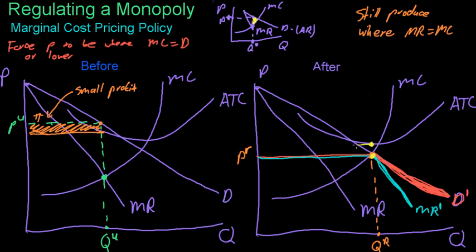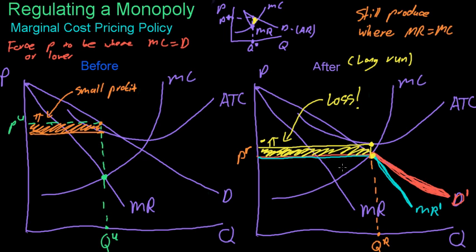So this rectangle is a loss. And let's say that this is all in the long run. So this is negative profit, and so we have a loss.